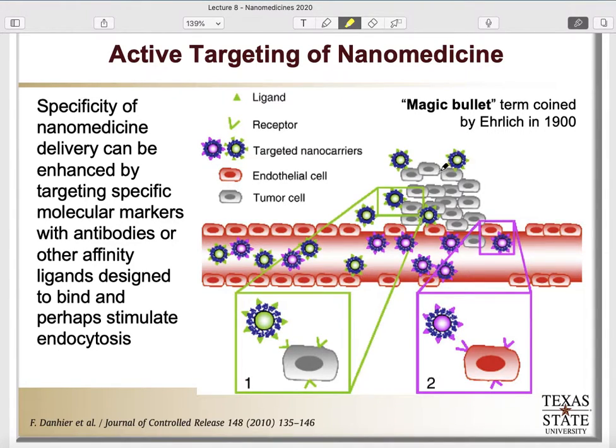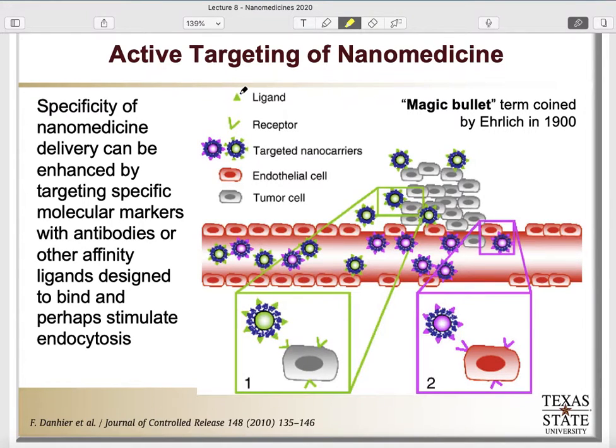And to do that, we would have to functionalize the surface of the nanoparticle with a ligand. That ligand could be an antibody, which is a protein, or it could be a nucleic acid aptamer, which is kind of a mimic of an antibody, but is nucleic acid based. Or it could be a small molecule such as a folate or folic acid ligand.